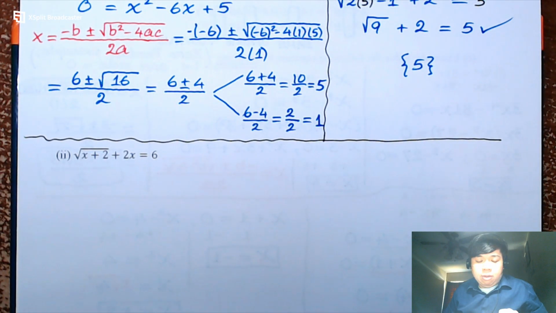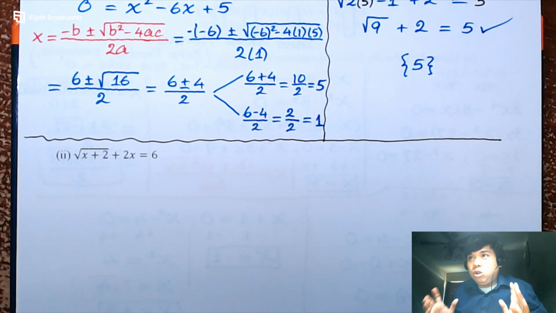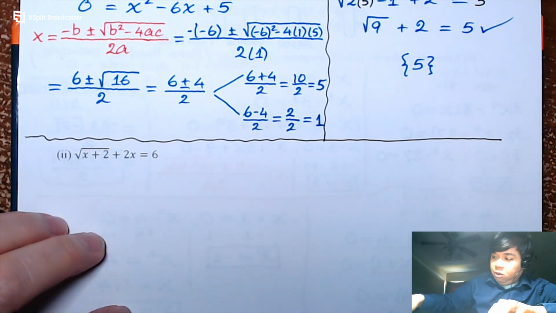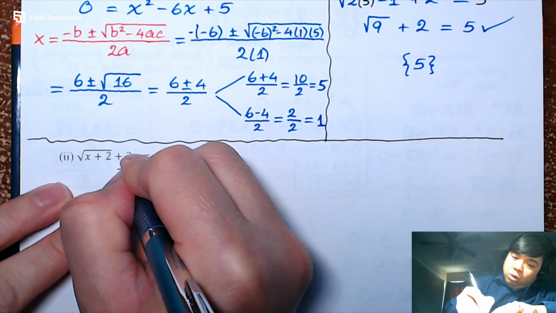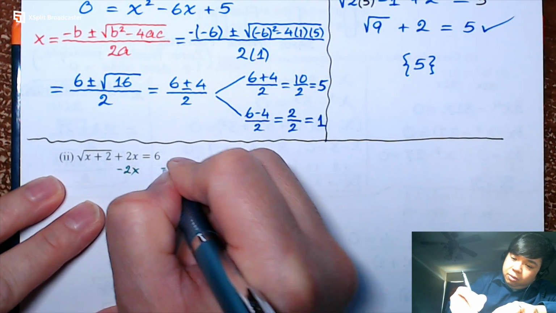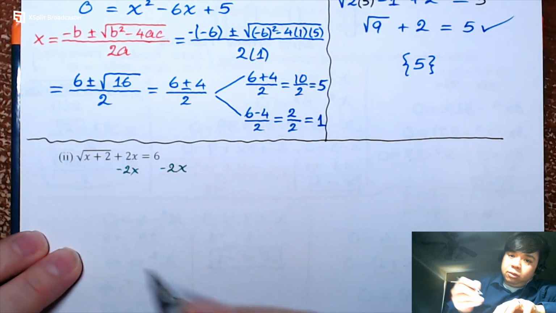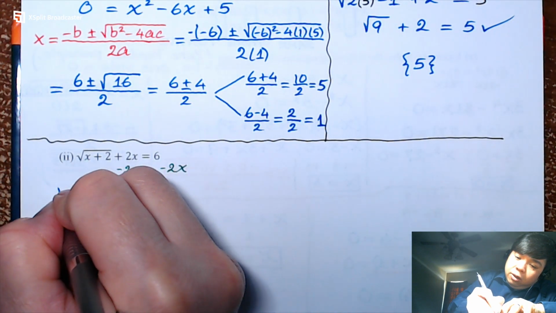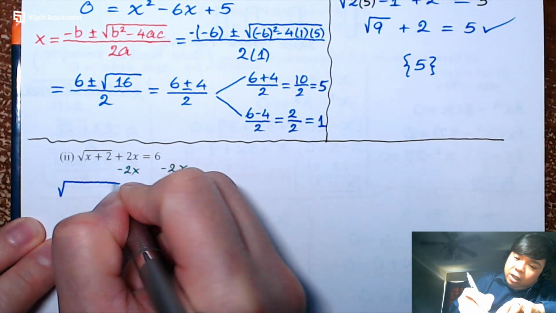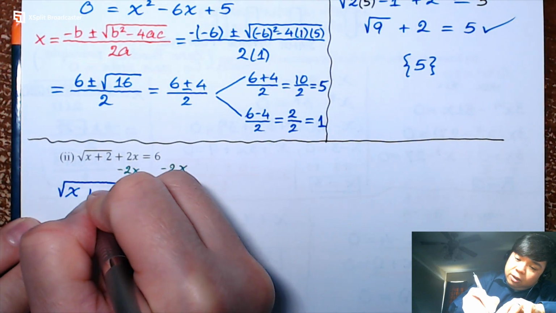Now for this one, same thing: get the square root by itself, then square both sides. So subtract 2x on both sides. We have to isolate, get the square root by itself.